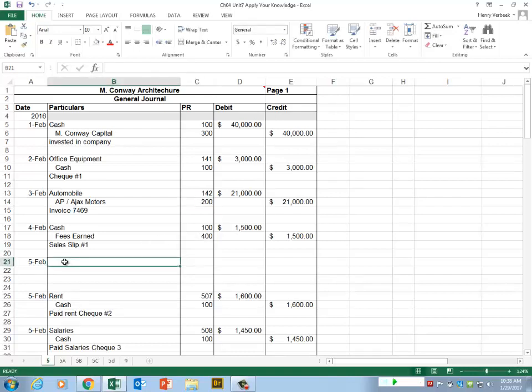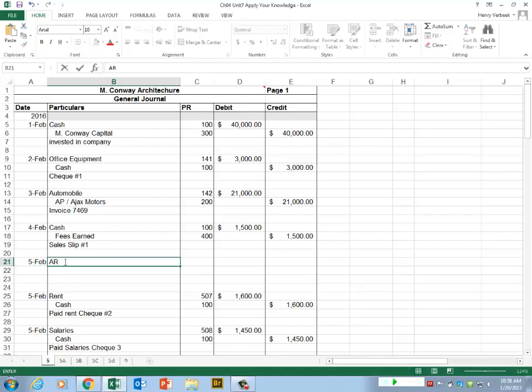Now we're looking at February 5th, at the top of the page on 133, sent invoice 1 for $1,000 to Back Contractors for services. So this is another fees earned, but we're receiving the money in a different way. So we sent the invoice, so it's an accounts receivable.